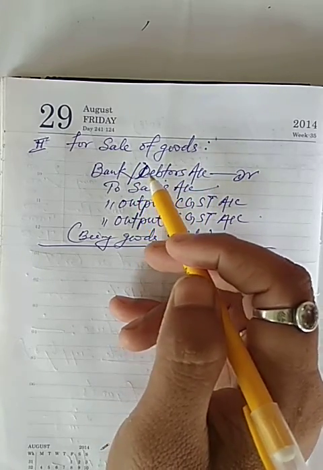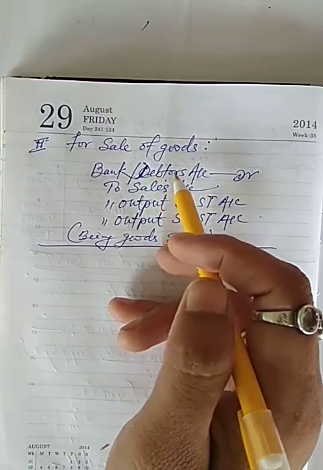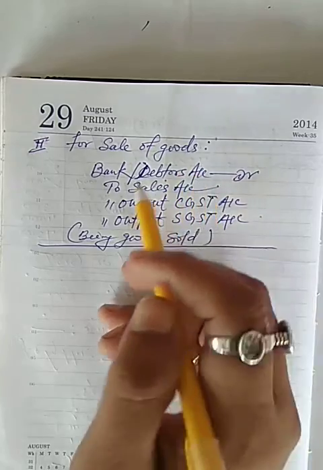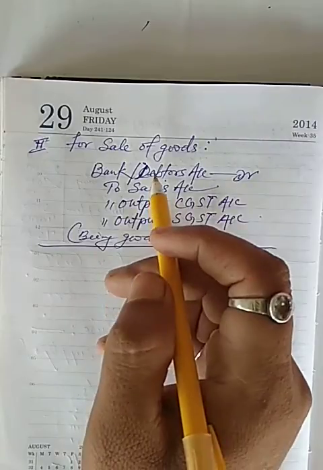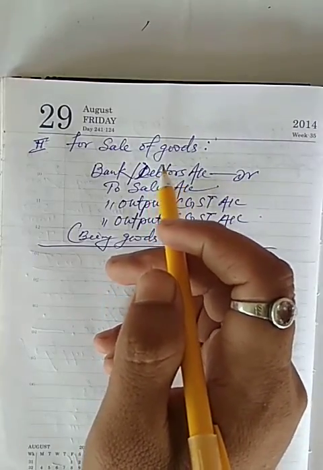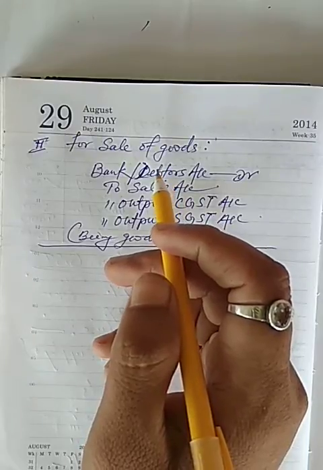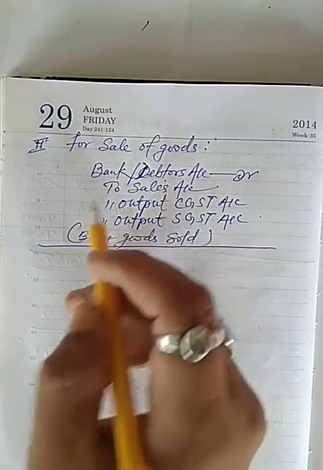And the one from whom we purchase goods will be our creditor. So when I purchase goods from any person, the person will be known as creditor.